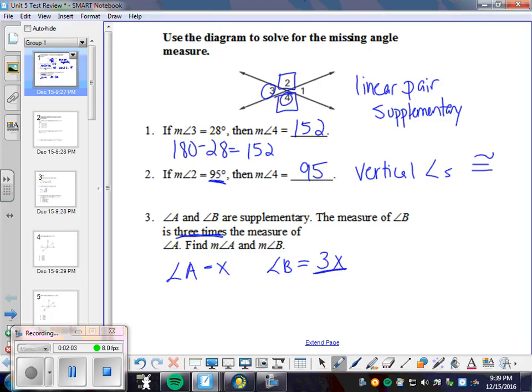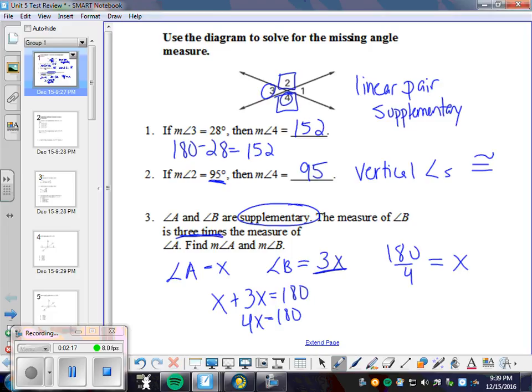Find the measure of angle A and B. They are supplementary, so they add up to 180. So you get 4X equals 180. 180 divided by 4 equals X. That will give you 45.